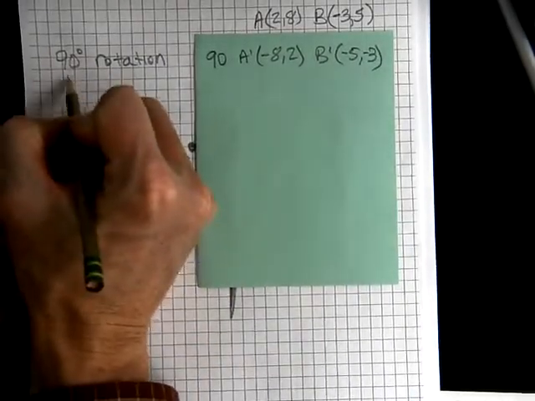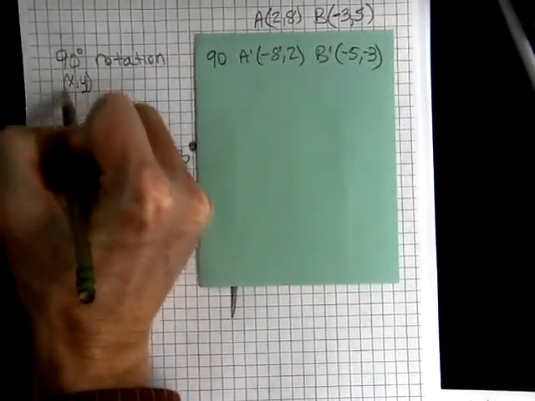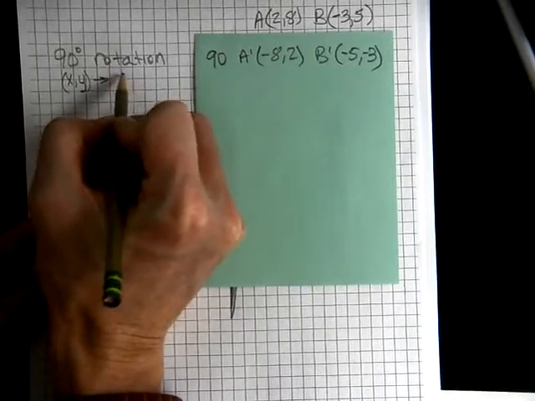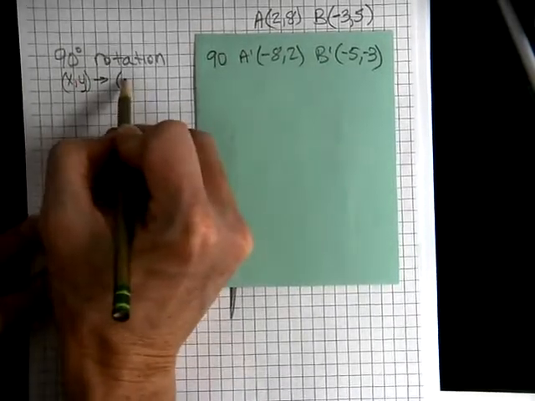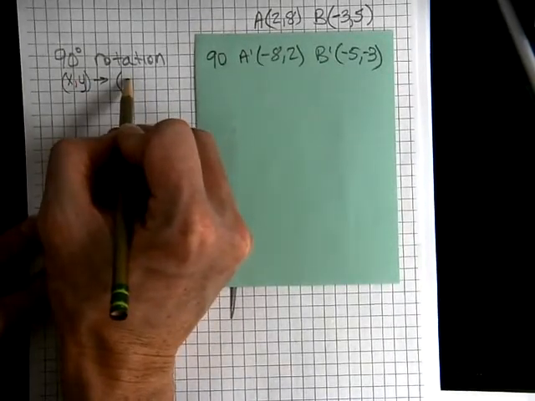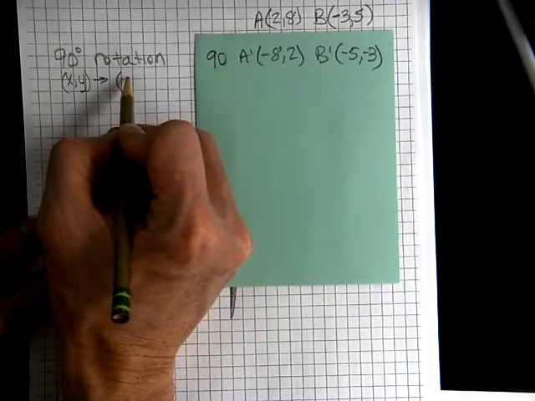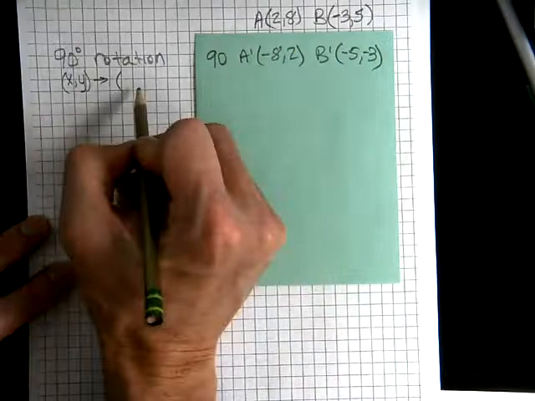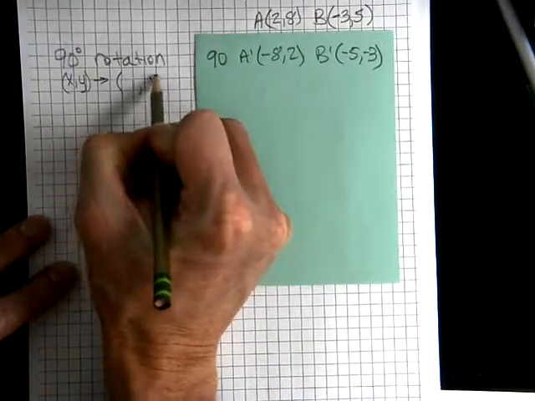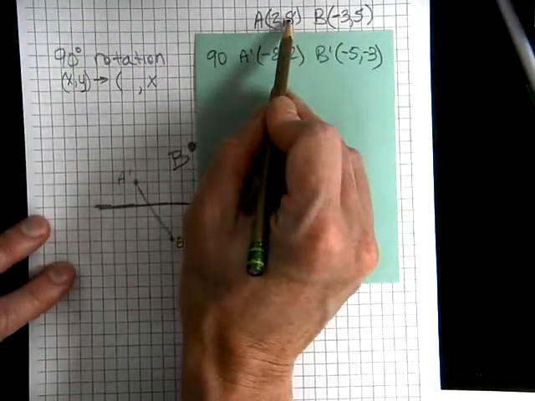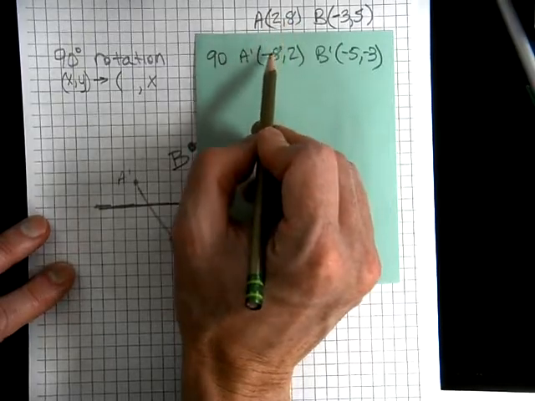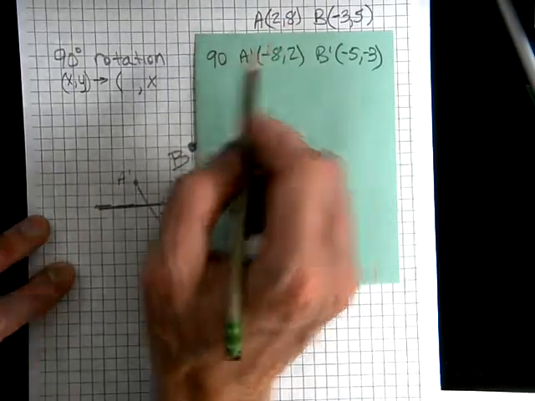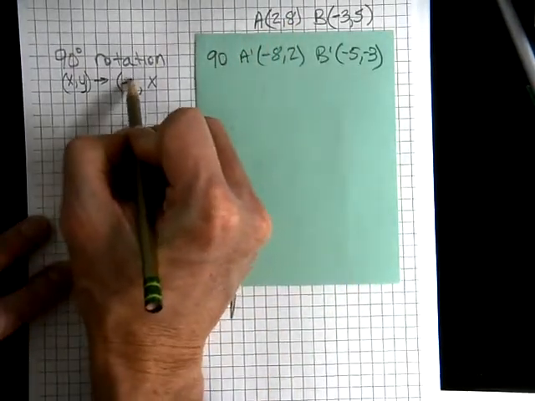After we switch them, we keep the x value the same. This x becomes the y, and it stays the same. But when you bring the y value up to become the x value, it changes the sign.